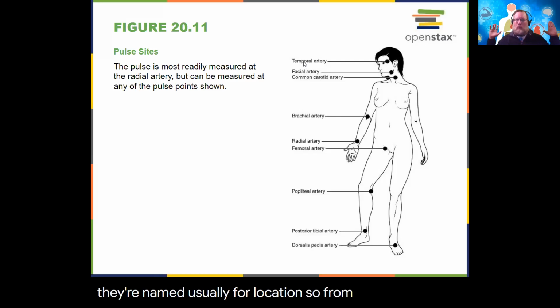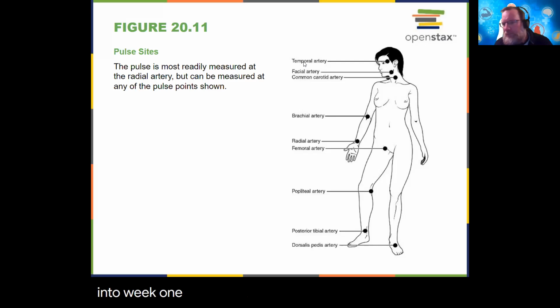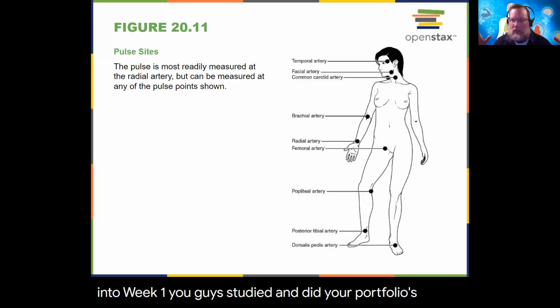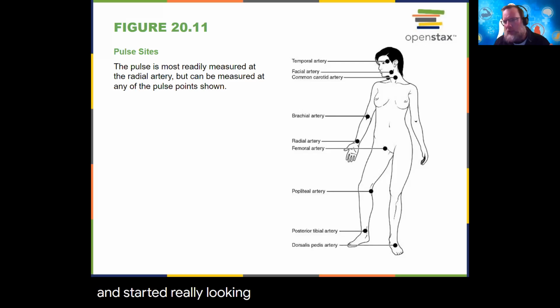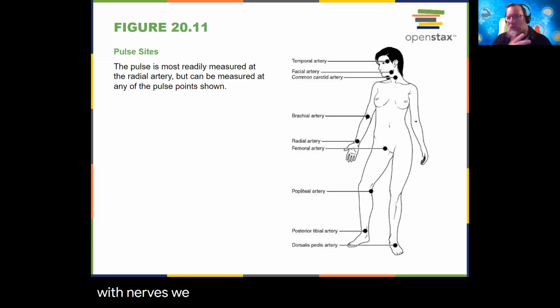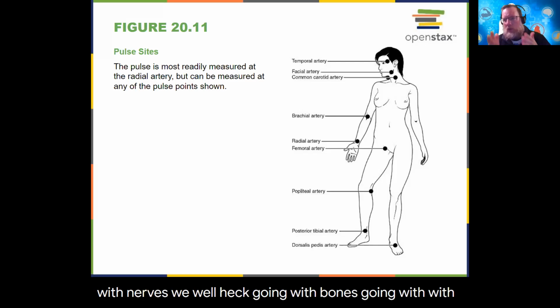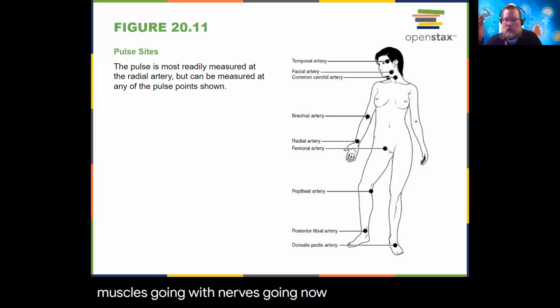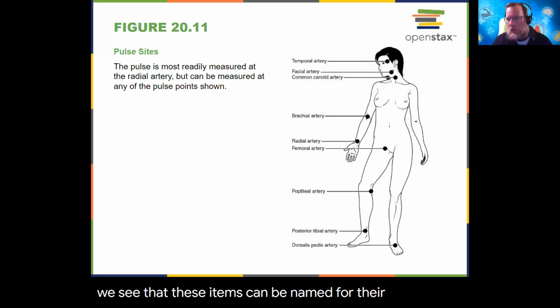So from going back into week 1, you guys studied and did your portfolios and started really looking into body region terminology. So with bones, going with muscles, going with nerves, going now into the blood vessels, we see that these items can be named for where they're located.